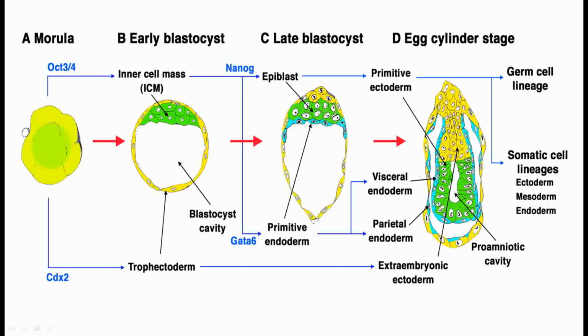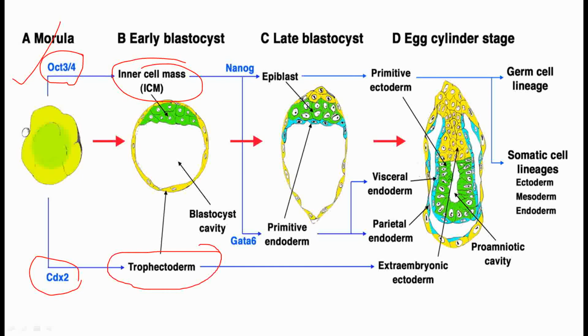In the previous diagram it was not very clear, but now it is very clear. You can easily understand these two signalings are going on. If the signaling pathway is OCT3 or OCT4, then it will form the inner cell mass. And if the signaling pathway is CDX2, then it will form trophectoderm.